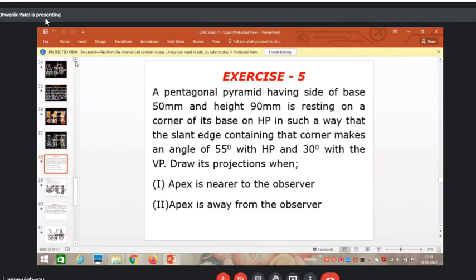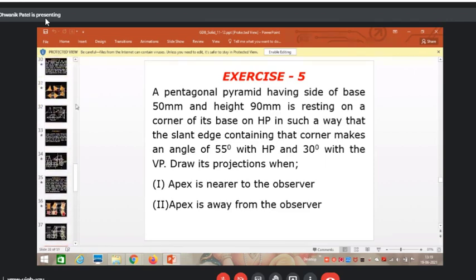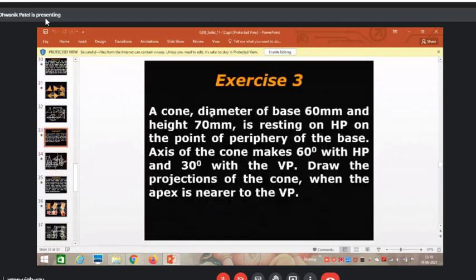Hello? Yes, sir. Okay, and in this case, the cone is resting on the HP plane on its periphery. Instead of HP, here you will mention vertical plane. So a cone with base diameter 60 mm, height 70 mm, is resting on the vertical plane on a point of the periphery of its base, and the axis of the cone makes 60 degrees with VP.